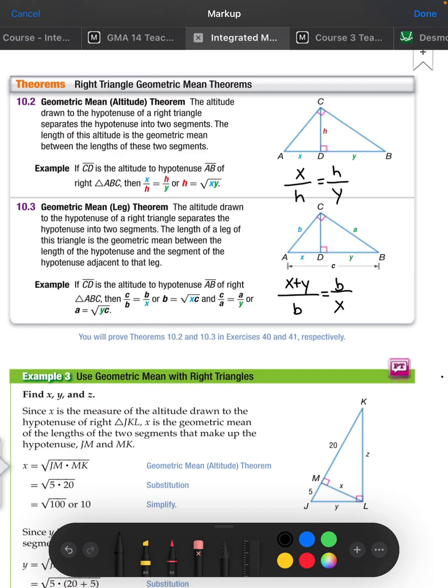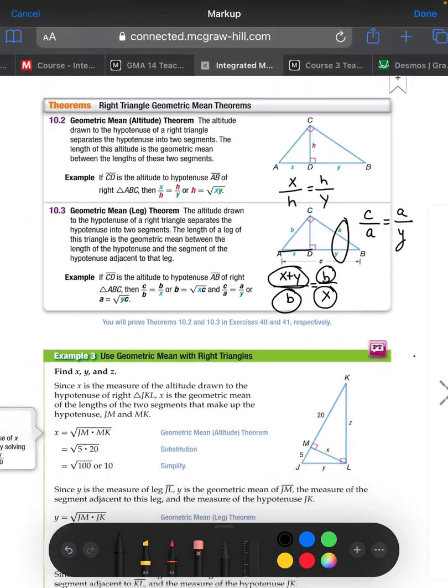So the total hypotenuse is to a side as that side is to that part of it. They're similar. And then it works for the other side too. So that x plus y, which is c, is to a, and a is to y. And if you notice, those are on the same side.